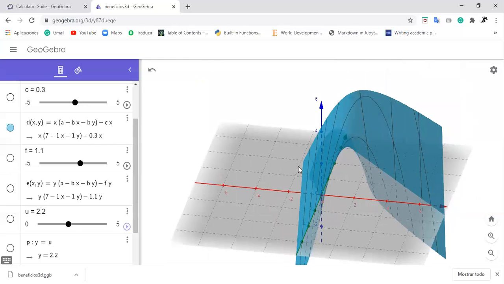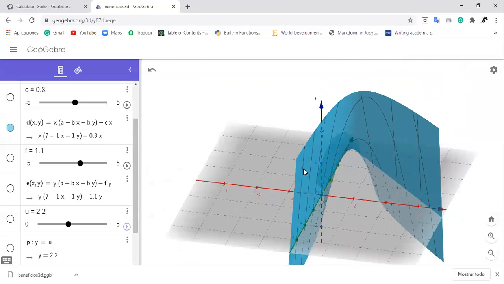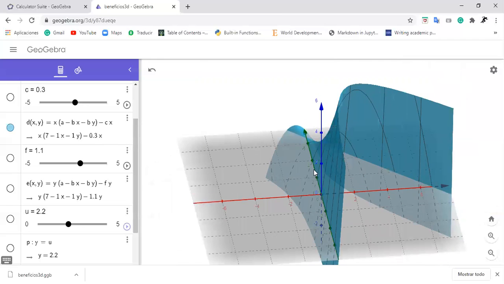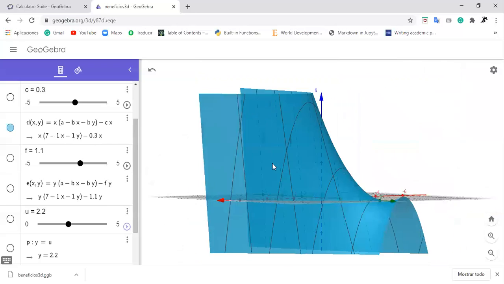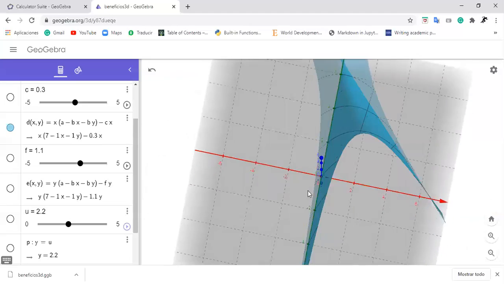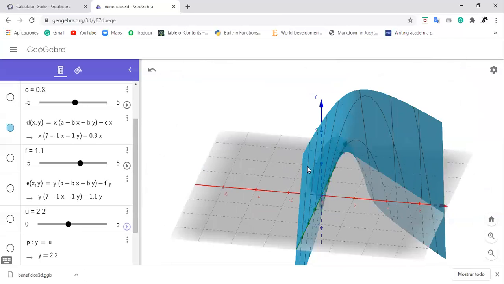Okay, and this blue axis is indicating the profits, okay, the profits of firm number 1. So we have this surface. How have I constructed and graphed this surface?